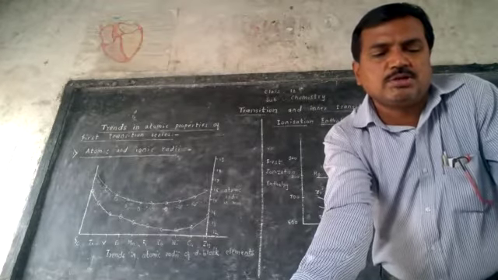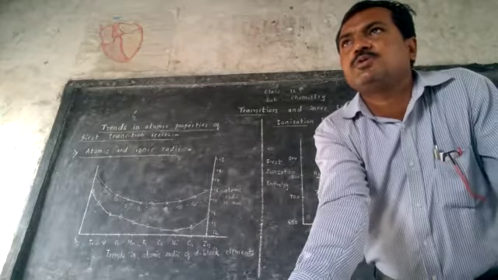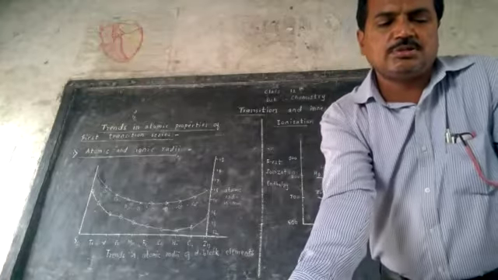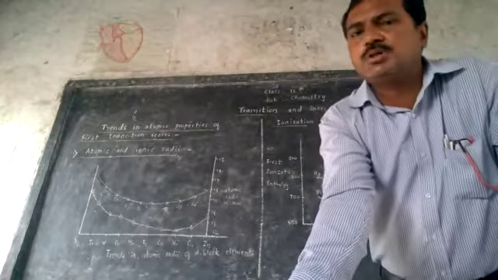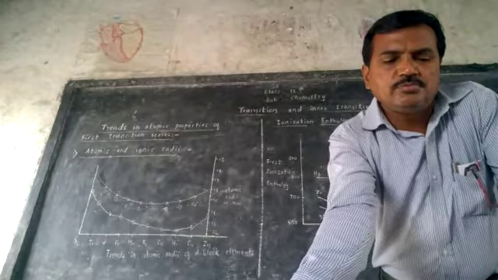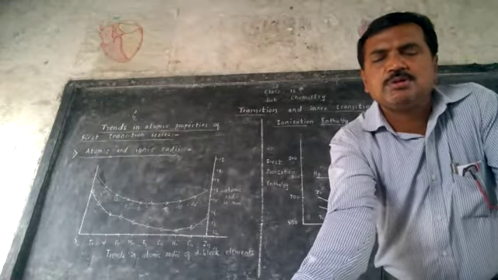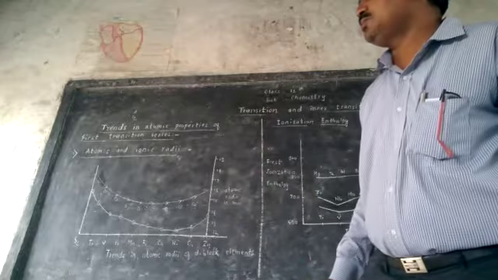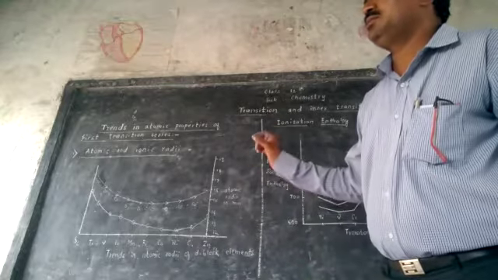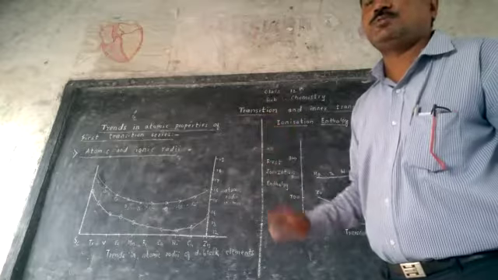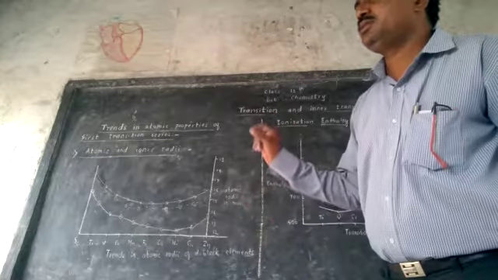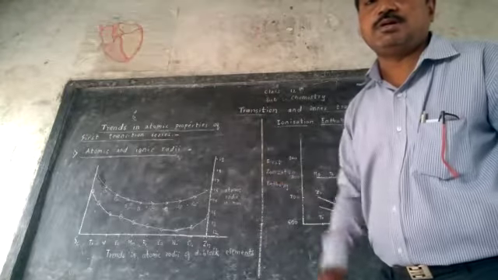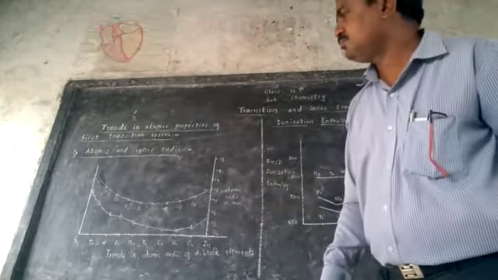As we move across a transition series from left to right, the nuclear charge increases by 1 unit at a time, meaning one electron is added to the outermost d orbital. We know the electronic configuration of scandium is 3d1, then titanium 3d2, meaning one electron is added in the d orbital.